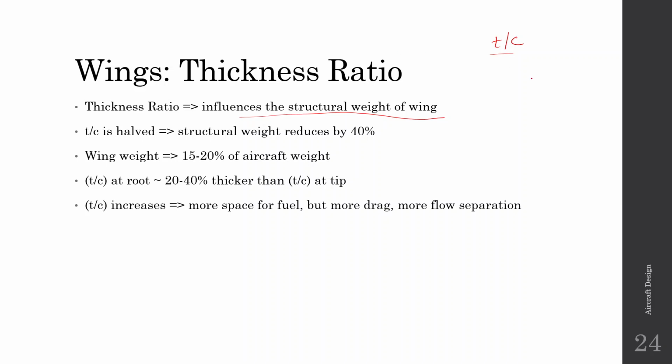The thickness ratio influences the structural weight of the wing, and it has been seen that the structural weight is proportional to 1 by root over T by C. So if your T by C is halved, then the structural weight reduces by 40%, and your wing weight comprises 15 to 20% of the aircraft weight.